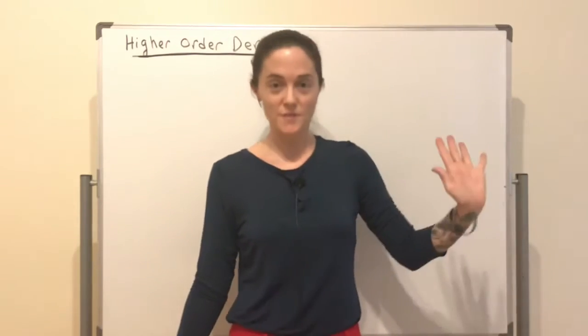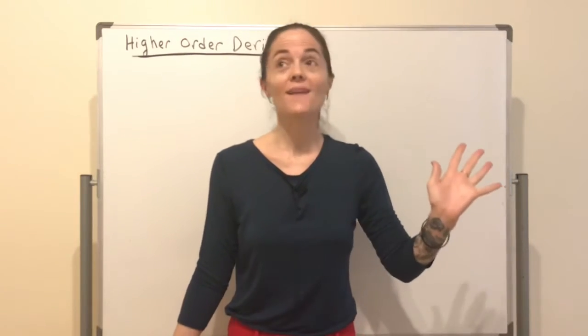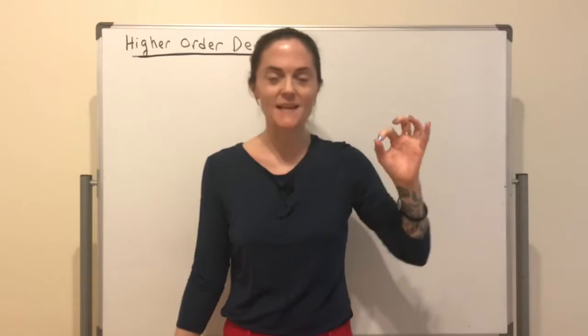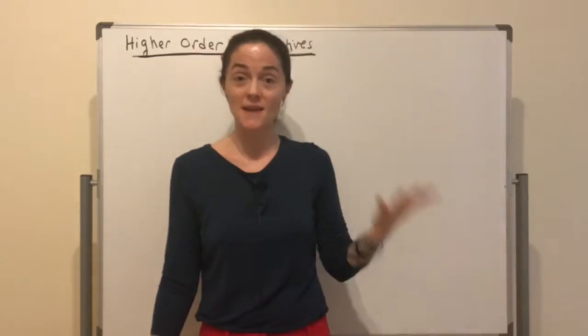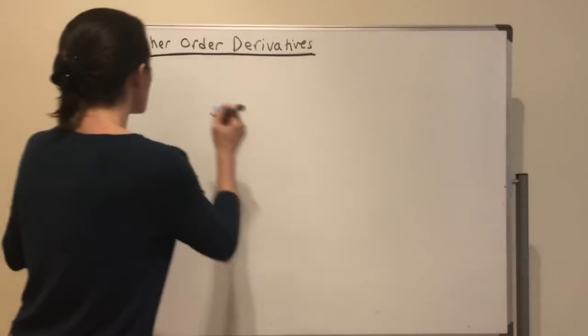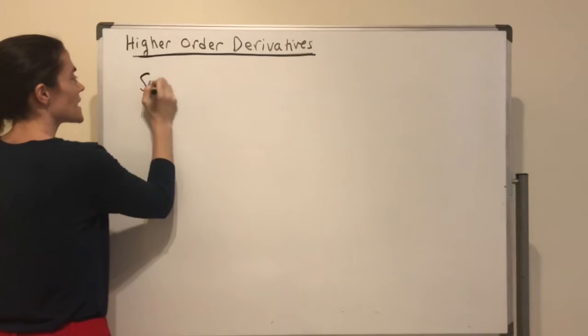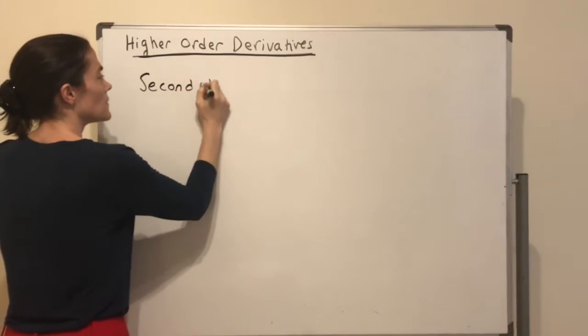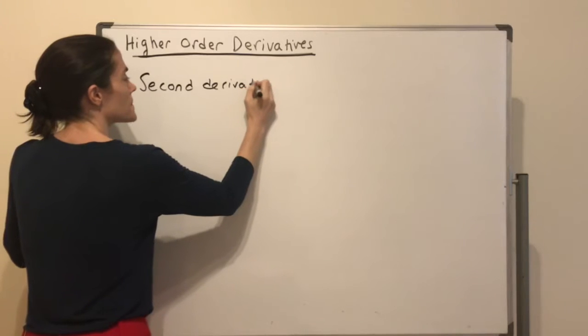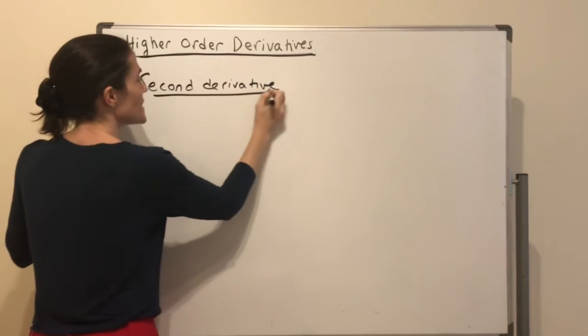Higher order derivatives. We have done a lot with the derivative, or the first derivative is another way to say that. We also, for example, have the second derivative, and some notation here.